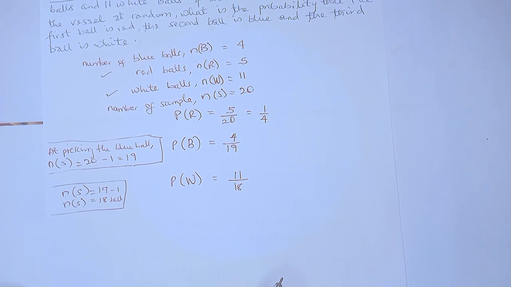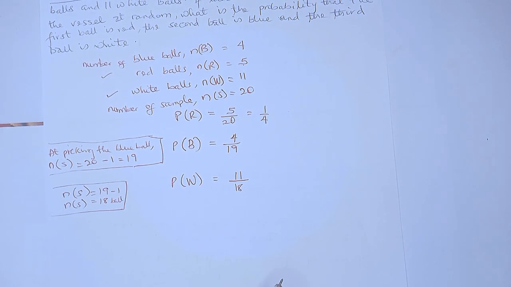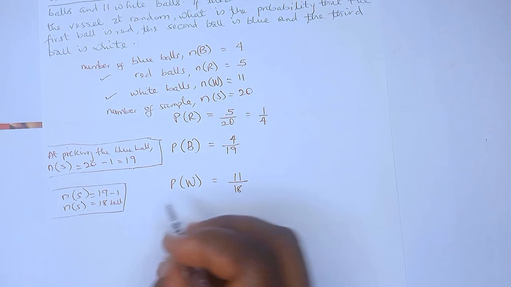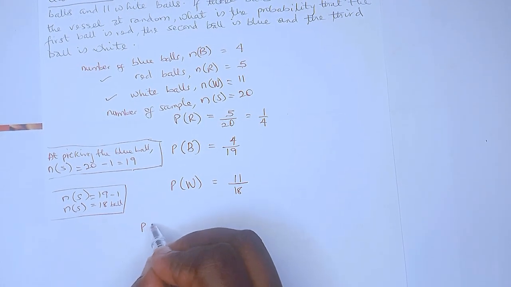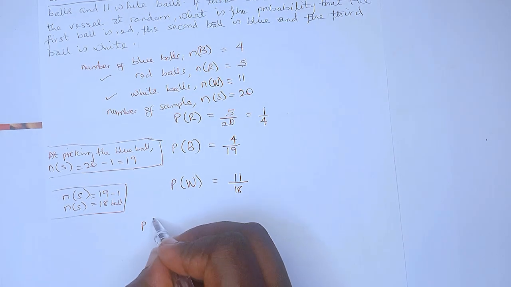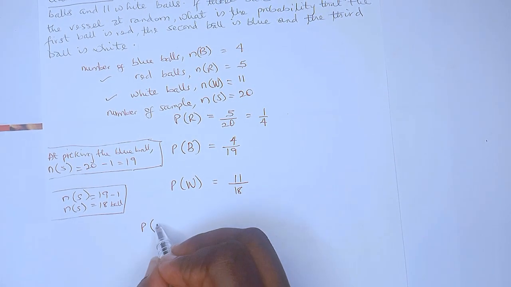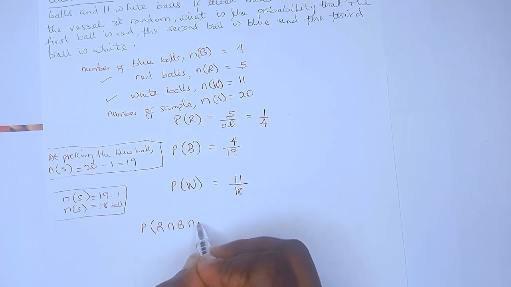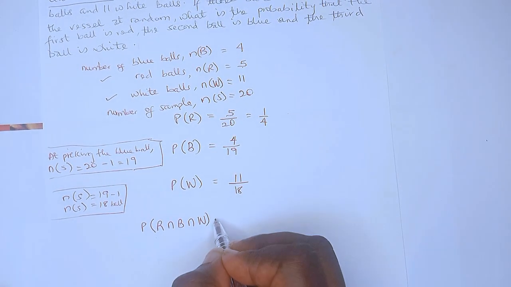Now, for the probability that the first ball is red, the second ball is blue, and the third ball is white, that gives us that we're looking for the probability of red intersection blue intersection white. That's what it means.